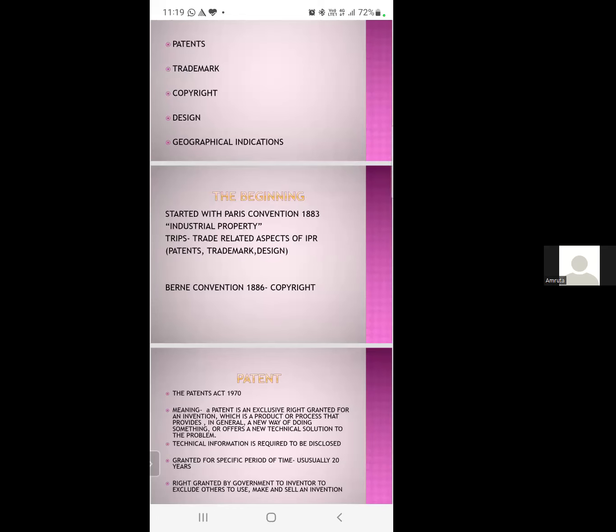The world at that time felt that we need to protect those properties, not just the immovable property, the property of the industry or the building, but the product or the process developed by the industry, or created by the people who are working in the industry.